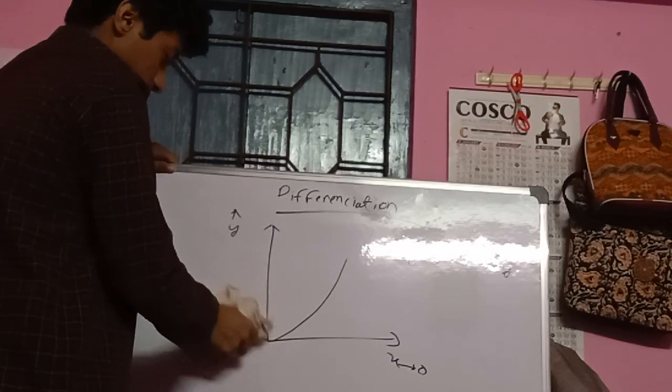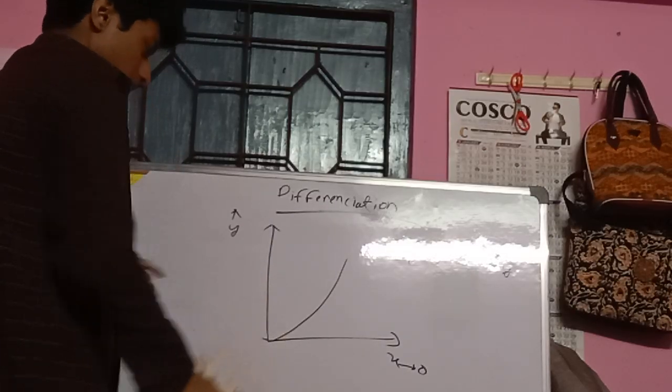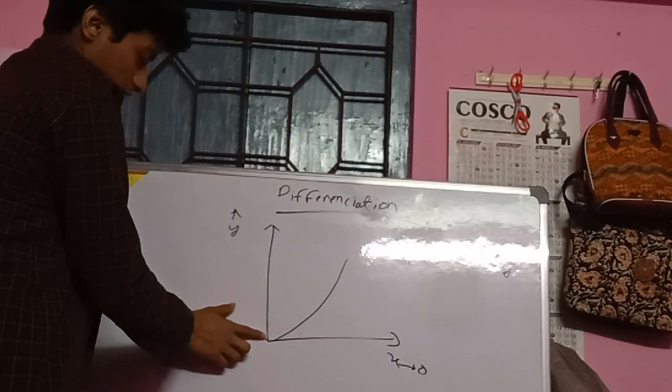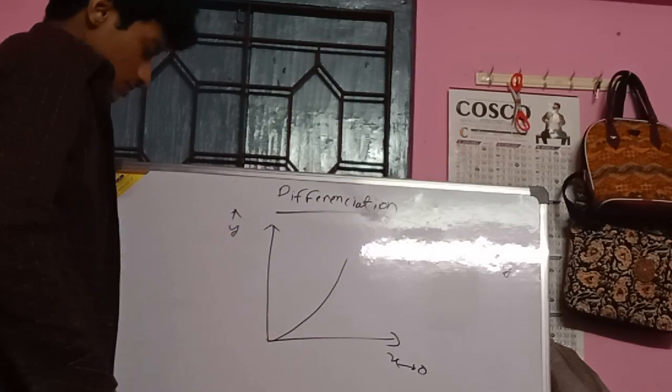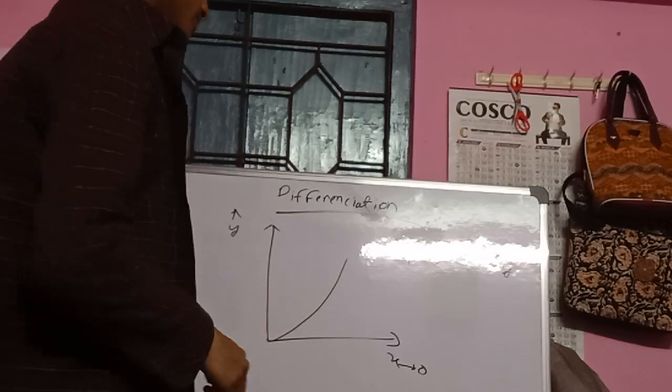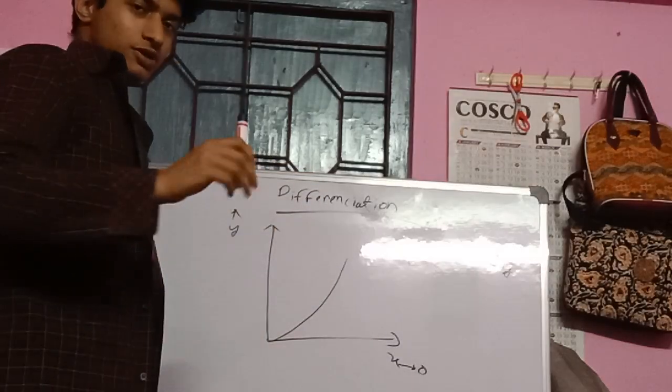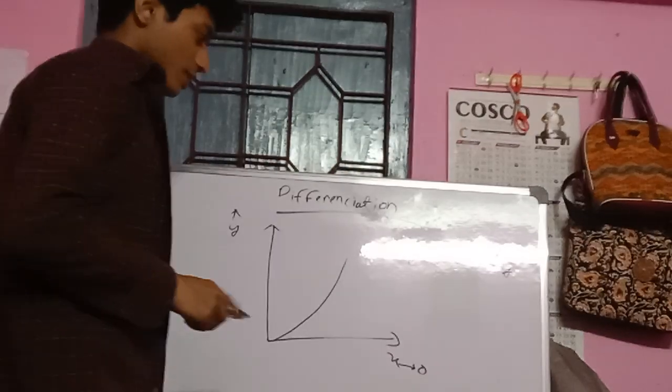So, what is differentiation? What about derivation? It's also called derivation. So, what is this? Differentiation, at a fundamental level, is nothing but the rate of change of a graph.